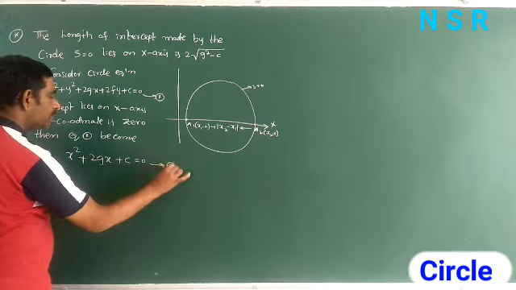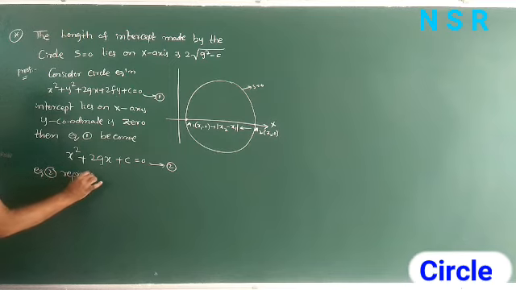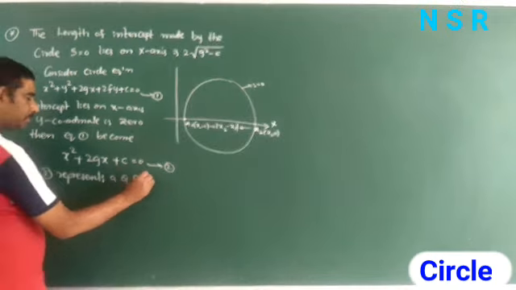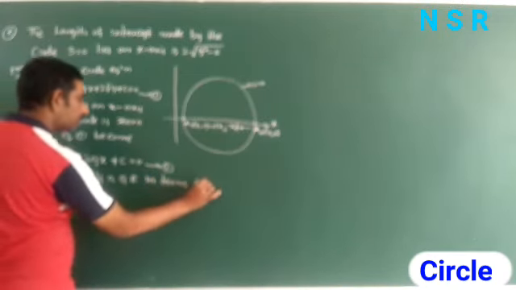Take it as equation number 2. Equation 2 represents a quadratic equation in terms of x.